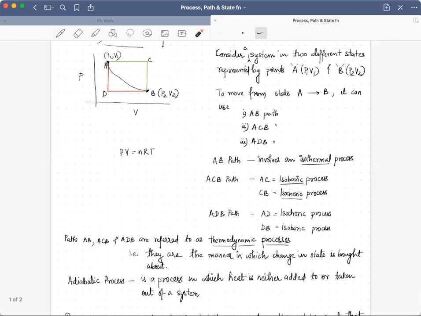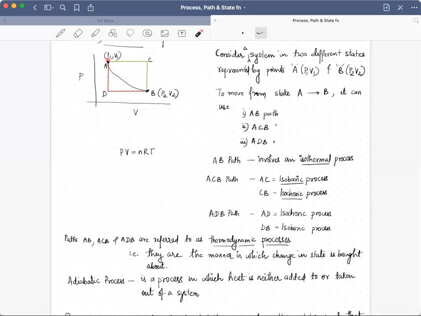If you see here, a system A is changing to state B. If we divide the path that the system follows when going from A to B into very small increments, that means when the system is traveling this AB pathway, it undergoes very small changes, such that the system and the surroundings are always at equilibrium.